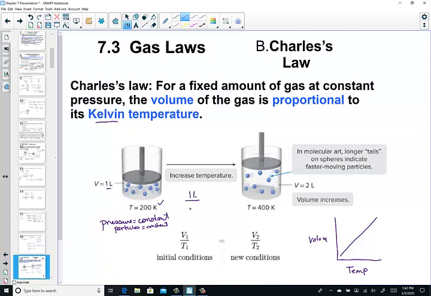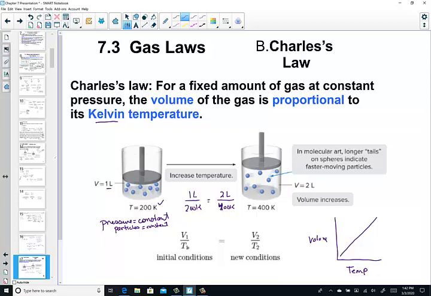That ratio of 1 liter to 200 Kelvin is equivalent to doubling the temperature and allowing that volume to expand. Doubling the temperature expanded the volume.